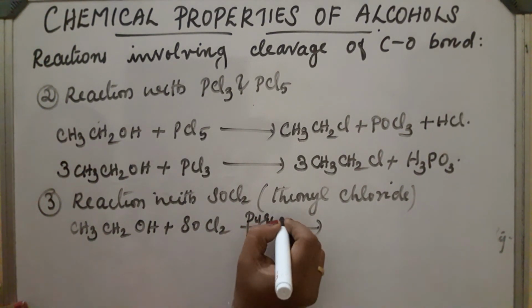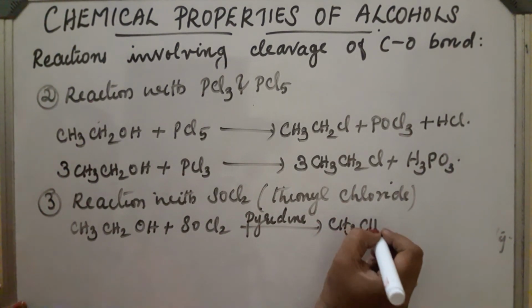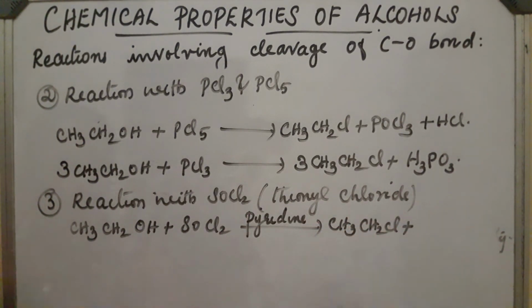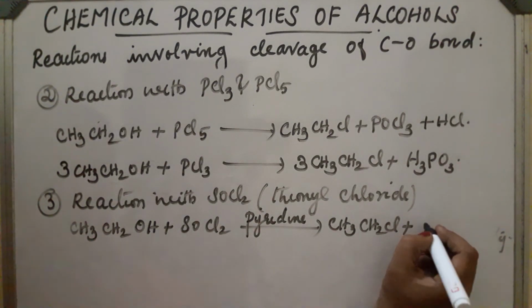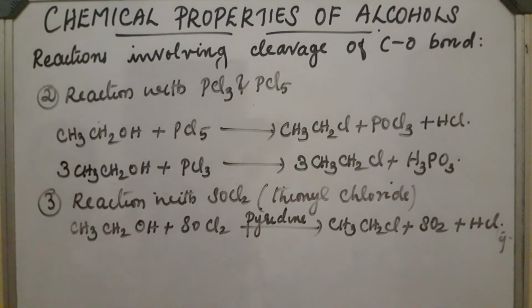The product will be CH3CH2Cl plus sulfur dioxide, SO2, and HCl. So, these are the different reactions involving cleavage of the C-O bond, the second type of chemical reaction of alcohols.